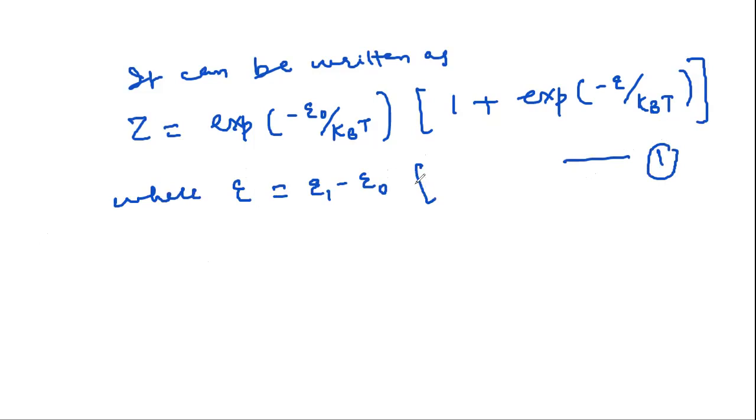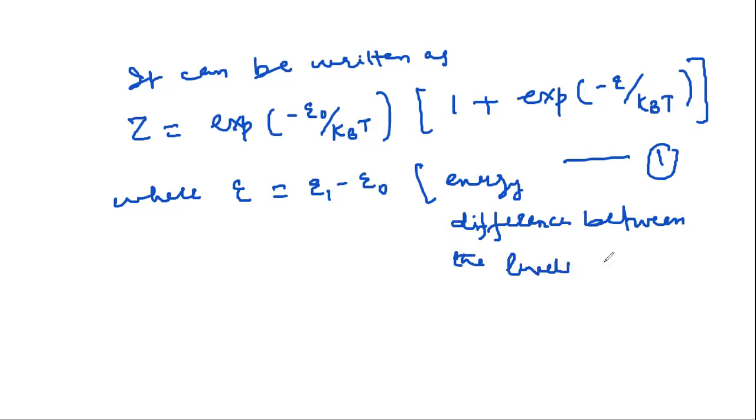So it is what? It is the difference between the energy levels, the energy difference between the levels J is equal to 0 and J is equal to 1.